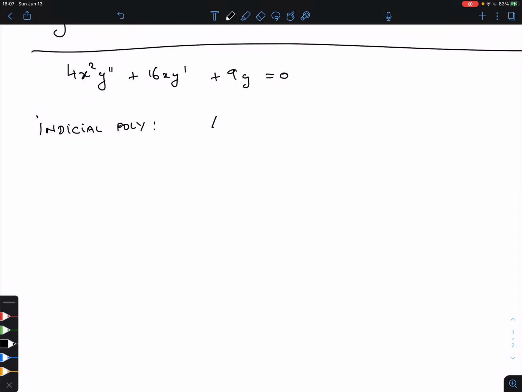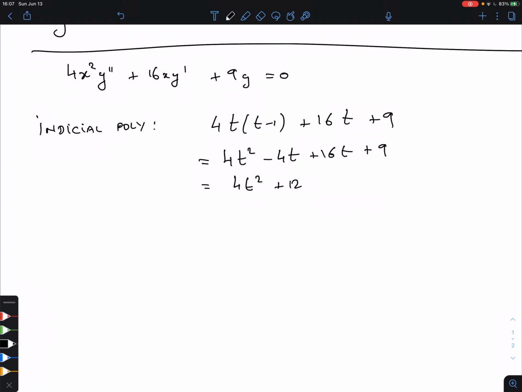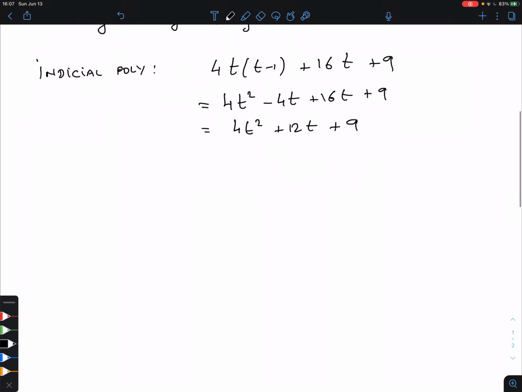That would be 4t times t minus 1 plus 16t plus 9. So that is 4t squared minus 4t plus 16t plus 9, so that is 4t squared plus 12t plus 9. Now this one we can factor too.